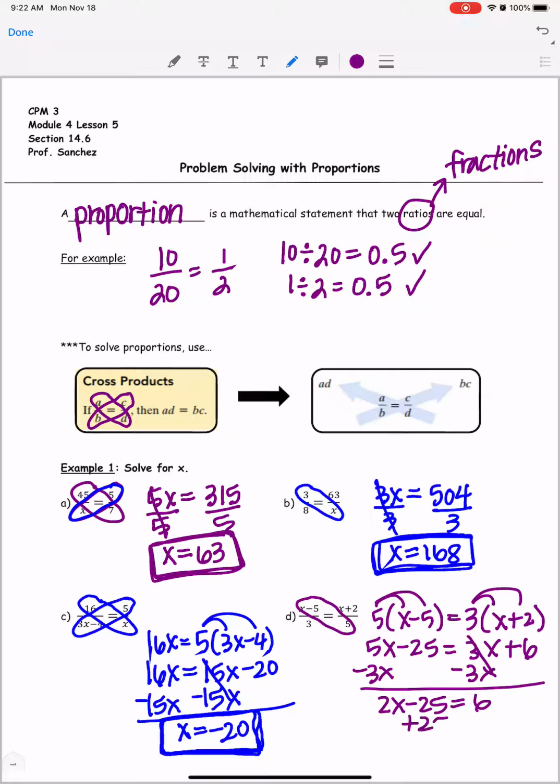Let's get our coefficient on the same side. So I've got 2x equals 31. Divide both sides by 2. And x equals 31 over 2.